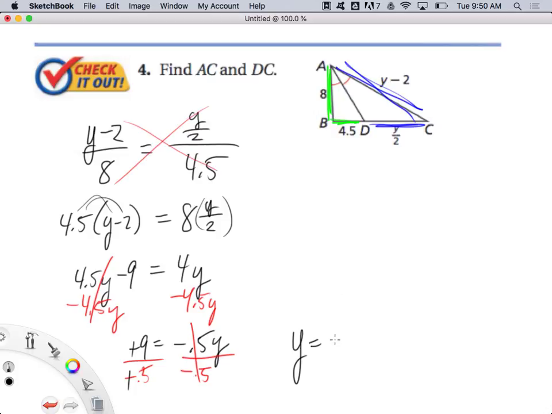Dividing by 0.5 is the same thing as multiplying by 2, so y equals 18. Okay, the algebra was kind of tough on that one, but the property is simple. If I have an angle bisector, it divides this segment proportionate to each side. So blue over green equals blue over green.